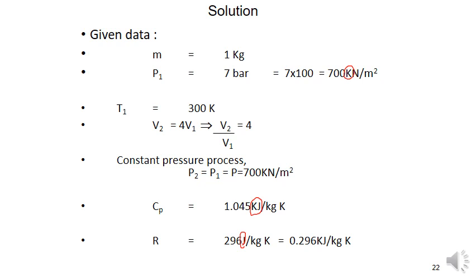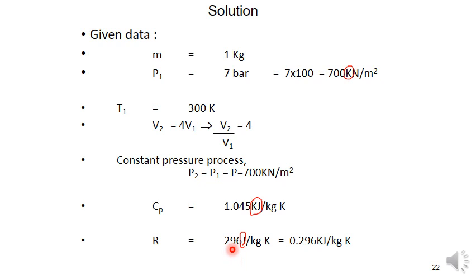That's why we have to convert this also into kilojoules by simply multiplying and dividing with 1000. In the numerator, 1000 I am writing as a kilo; in the denominator, 1000. So 0.296 kilojoule per kg Kelvin.